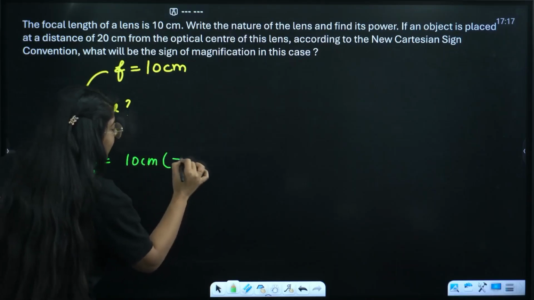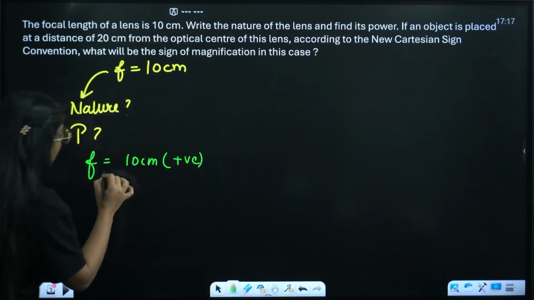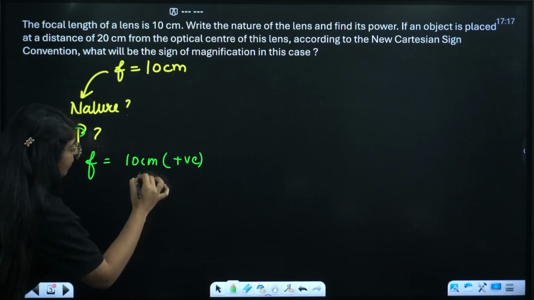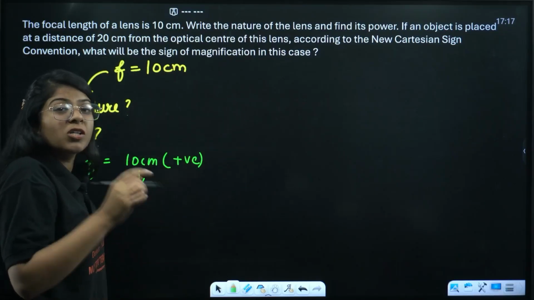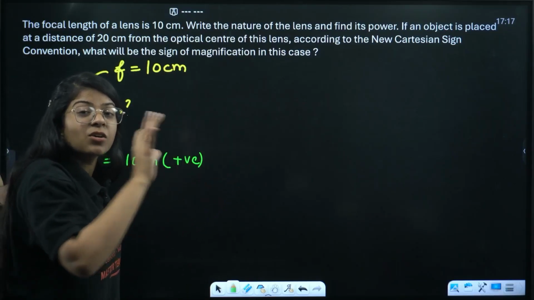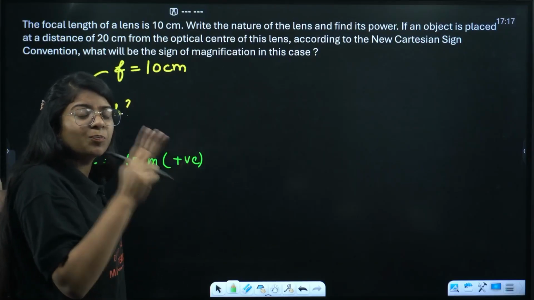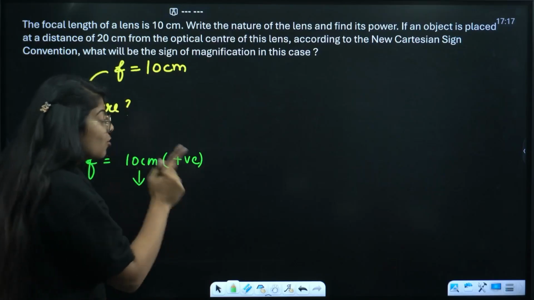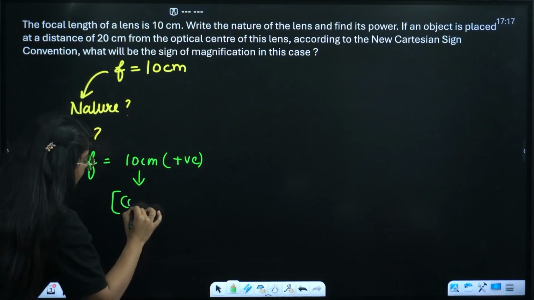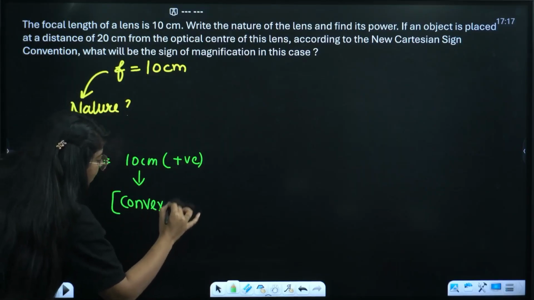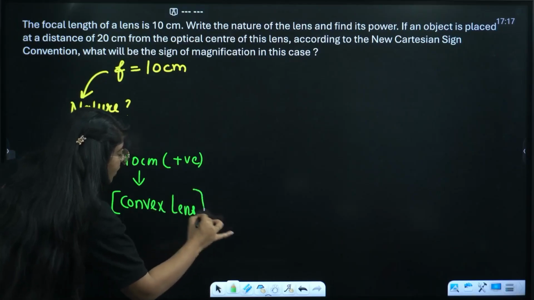That means it is positive, right? Now if it is positive, which lens has positive focal length? Concave lens or convex lens? Concave mirror and concave lens both have negative focal length. So positive means our lens is convex lens. The first part is solved, right?